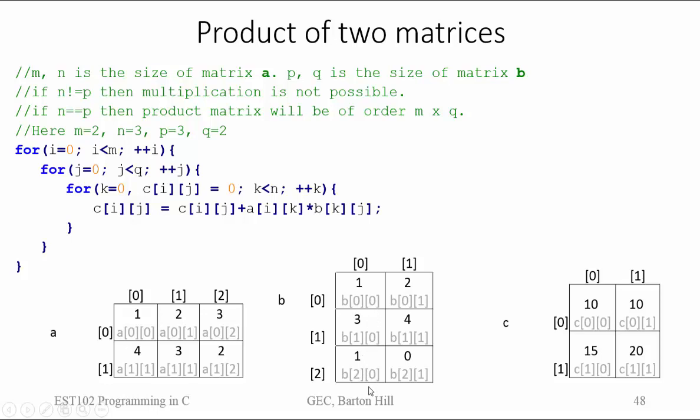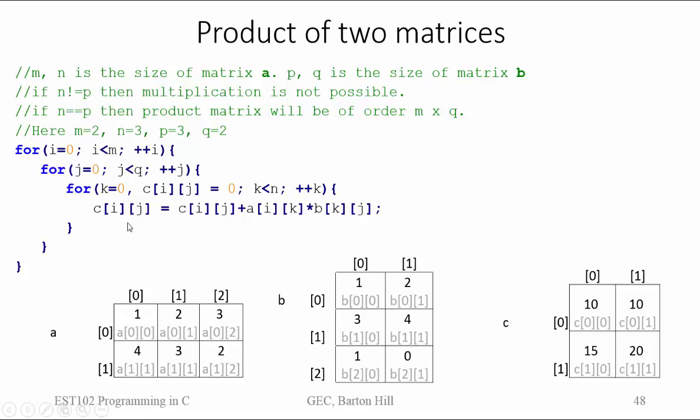This value is constant, 0. For A the row value is constant and the column value is changing, and for that we are using k. In B the column value is the same but the row value is changing. That's why we have written it as B of k, j.